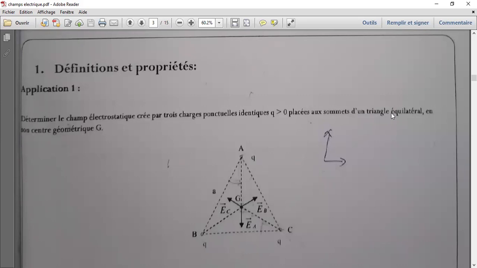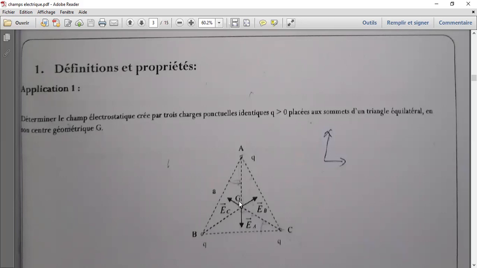So we are talking about a triangle which is equilateral, which means it has all its sides equal, on son centre géométrique G. So we have 3 points, A, B, C, which are charged positive Q, positive Q, positive Q, and which are causing a force on a particle G. The first thing you have noticed is that we have got 3 sources: on A, on B, and on C, which are causing a force on G.